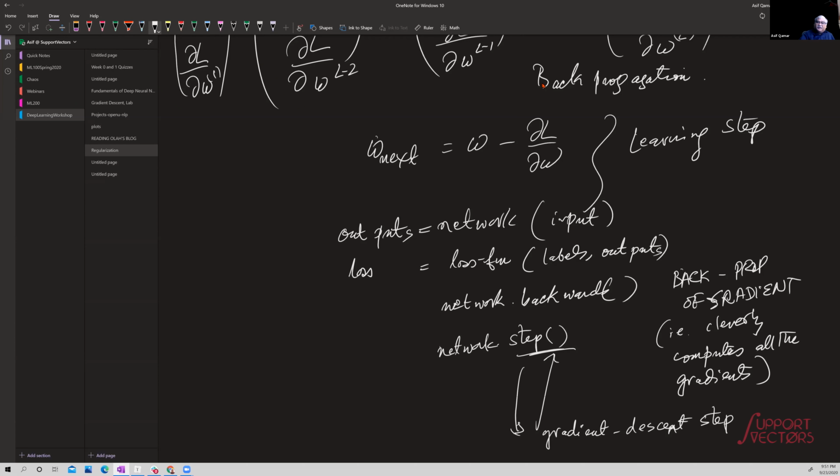What are the forward passes? Which of these are the forward passes? This is the forward pass. Which of these are the backward passes? The learning takes place in the backward pass. Once you have trained a neural network, of course, you don't do the backward pass.